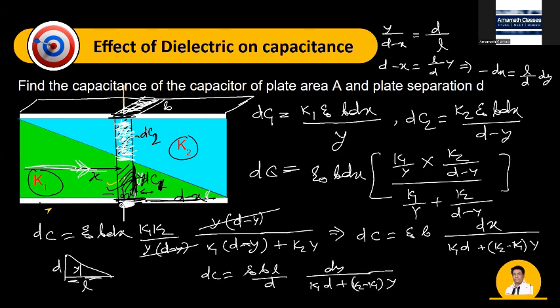But with a negative sign, because d minus x, this is minus dx.